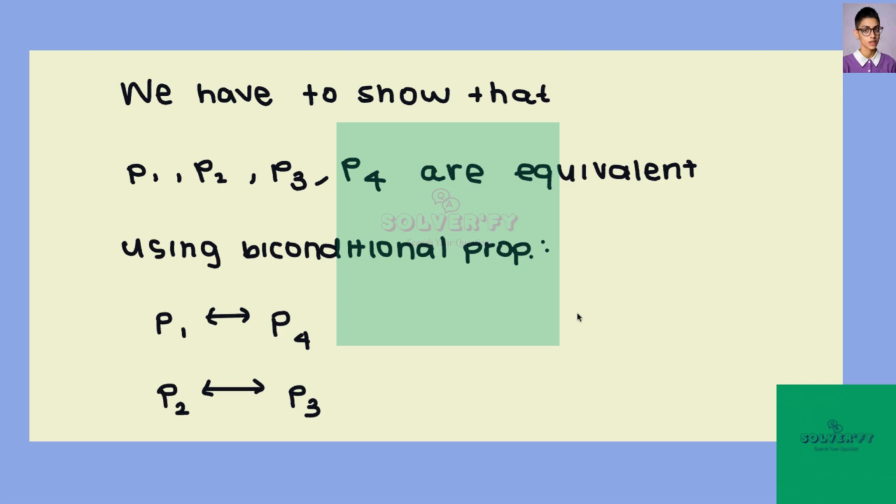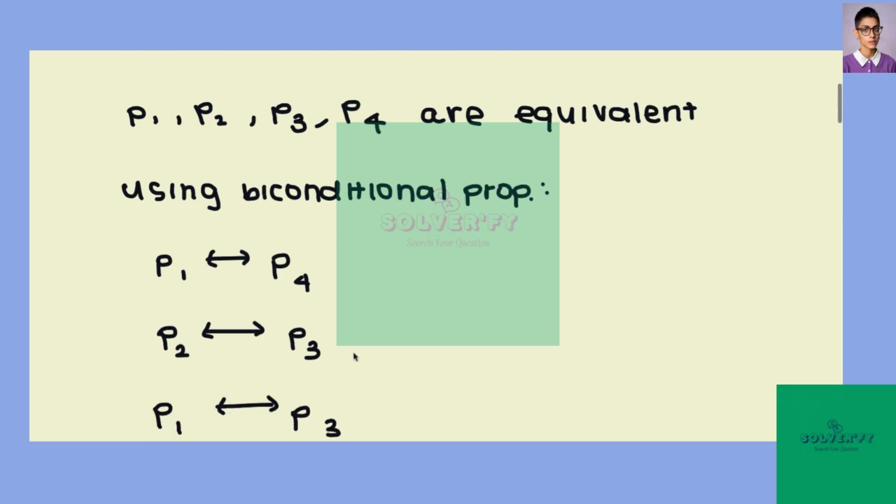So in this problem, again, we're proving the equivalence of 4 propositions using the truth of a biconditional relationship. So what we need to do is show that P1, P2, P3, and P4, which are these arbitrary propositions that were given, are equivalent using the biconditional propositions that look like this.